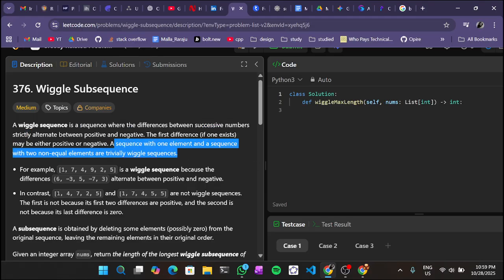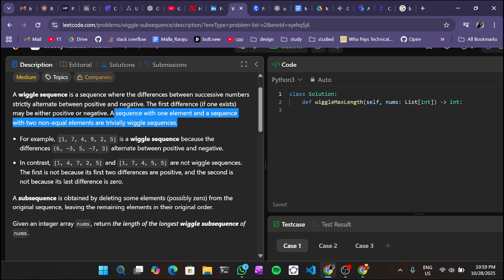Didn't get this part, but we'll see later. For example, 1 7 4 9 2 5 is a wiggle sequence because the differences alternate between positive and negative.